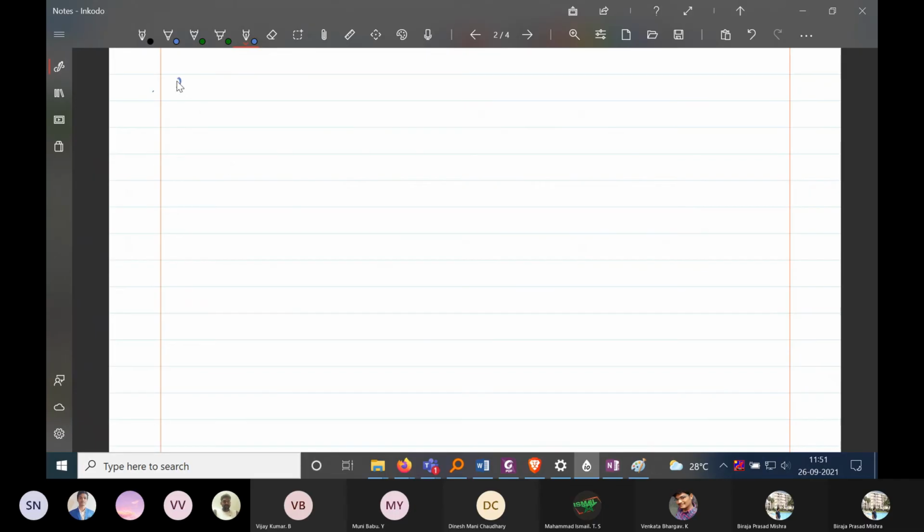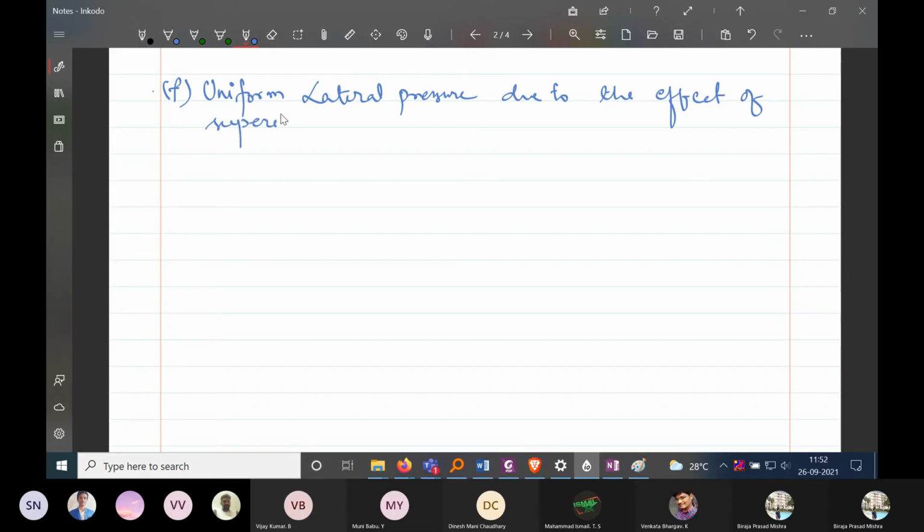So F will be the uniform lateral pressure due to the effect of superimposed dead load and live load, right?